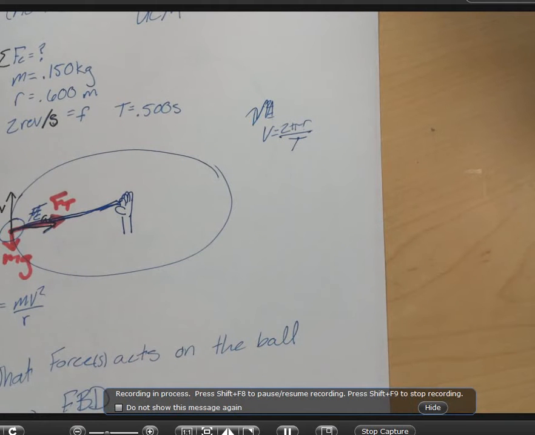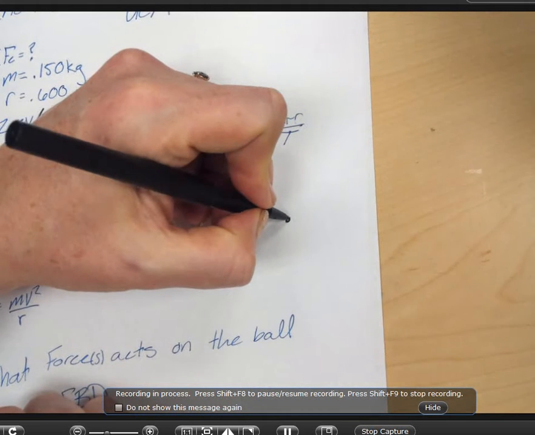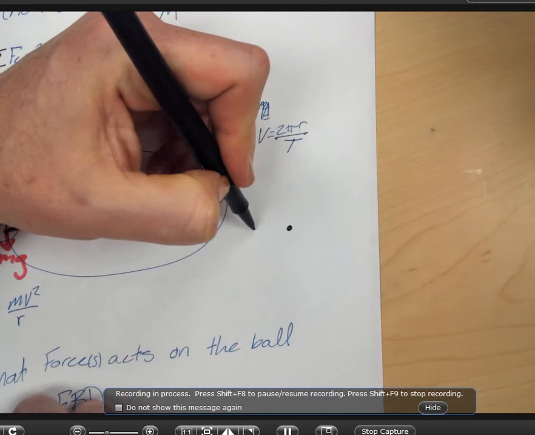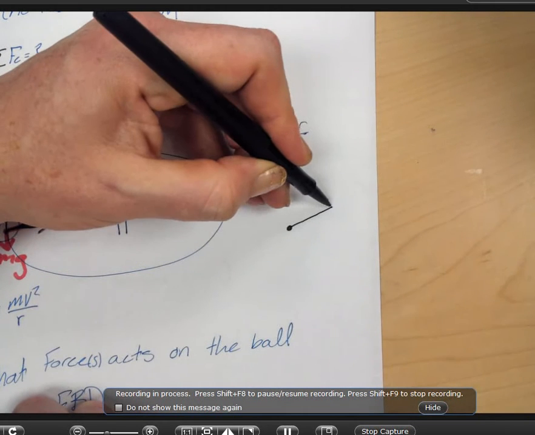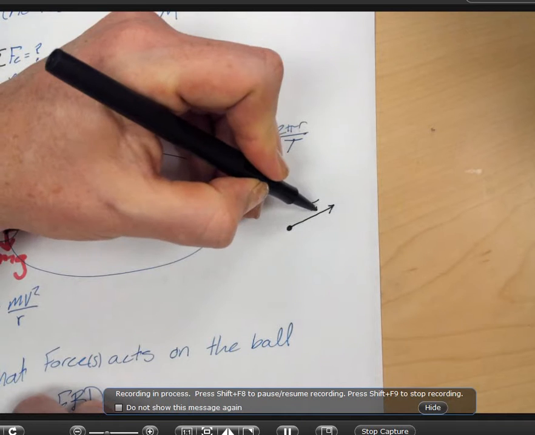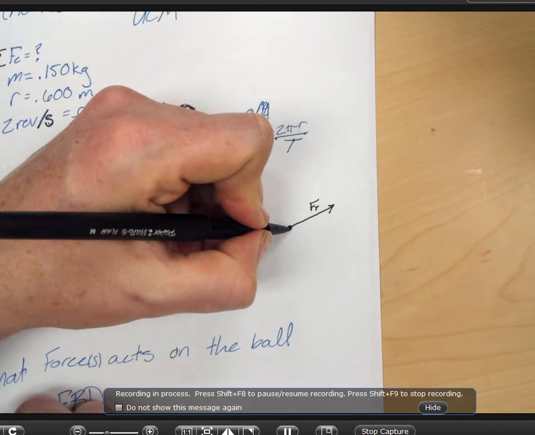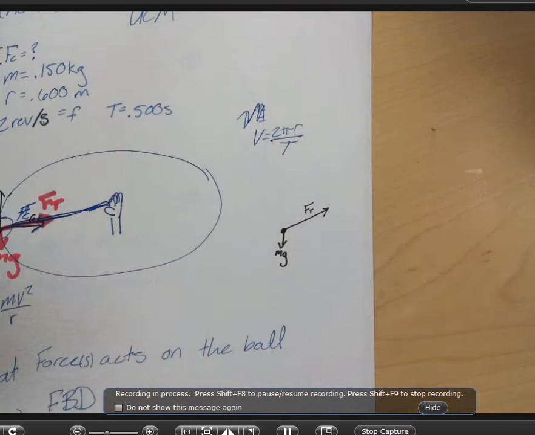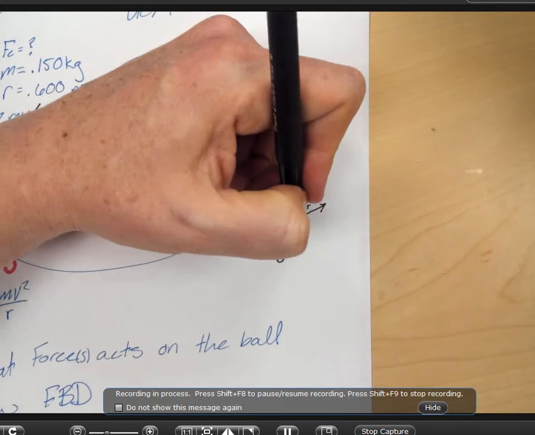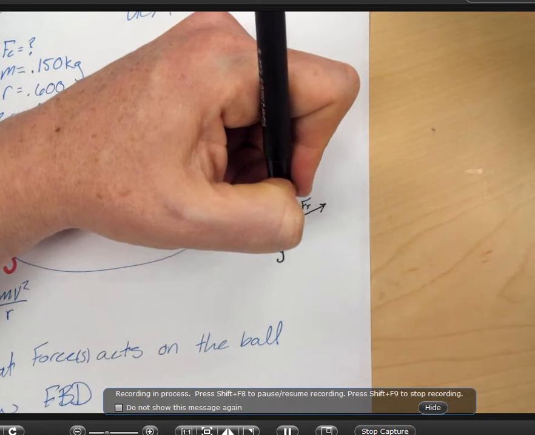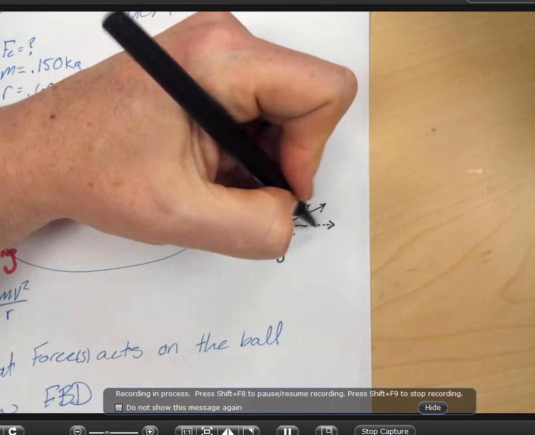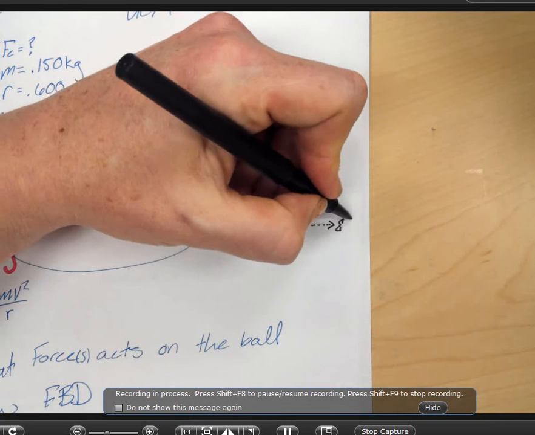pointing toward the same direction as the tension, because establishing our axis, if this here is the tension on the ball, and this here is the weight of the ball, then this is the axis, and this will be the net force.